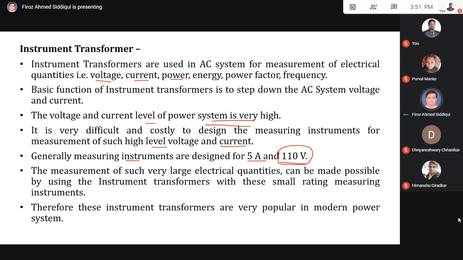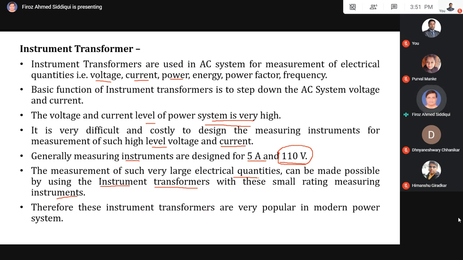The measurement of such very large electrical quantities can be made possible using the instrument transformers. With these small rating measuring instruments which are available with us, the instruments are not of such high rating, and if you go to manufacture high rating ones, they will be costly. So to avoid this, the instrument transformer is used to step down the voltage and current.